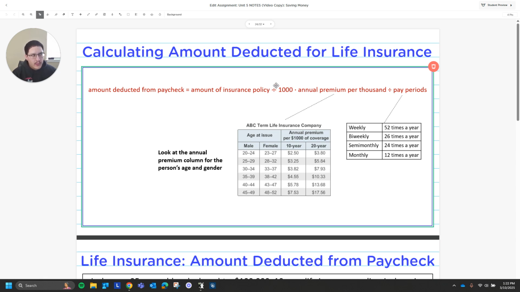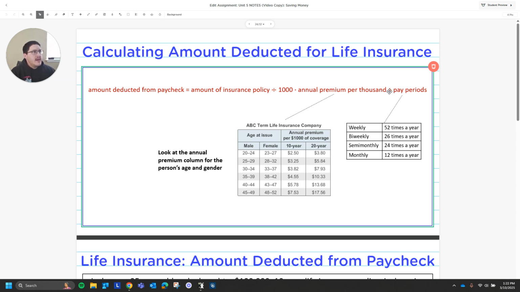The only reason we're dividing by 1,000 is because that's what the chart says you're getting covered for per $1,000. So anyways, divide by 1,000, multiply by the annual premium per 1,000 based on the age, the sex, and the length of the life insurance policy.